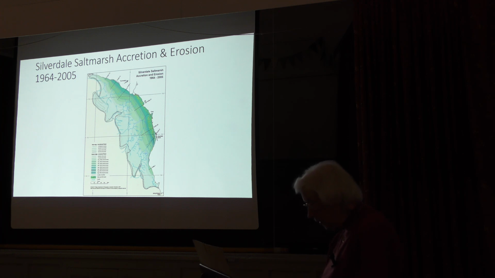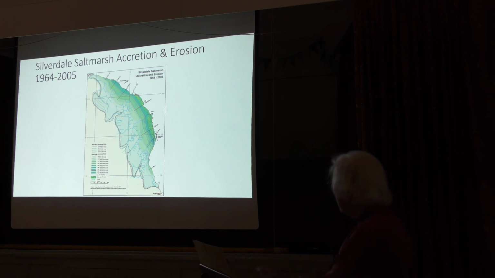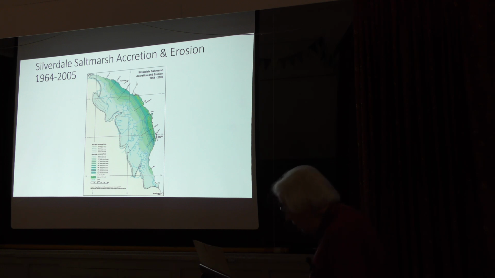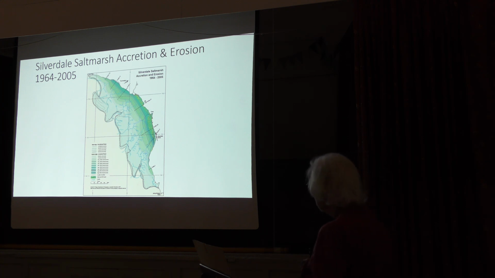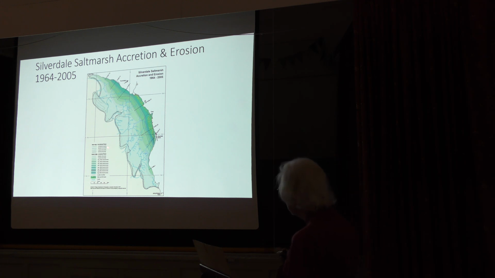The marsh at Silverdale started to erode in about 1975. But what we need to look at first is the fact that this was when the marsh was actually accreting, and the date, I hope you can see these.